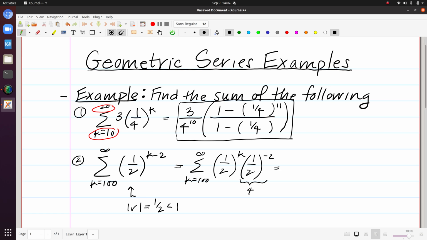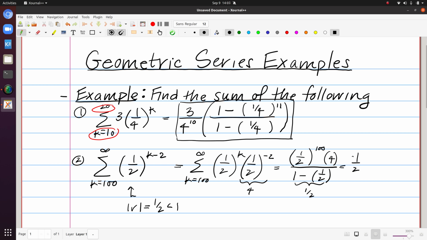So we would take our first term of this series, which would be 1/2 raised to the 100th power times 1/2 to the minus 2, so times 4, all over 1 minus the r value. 1 minus r here is 1/2.